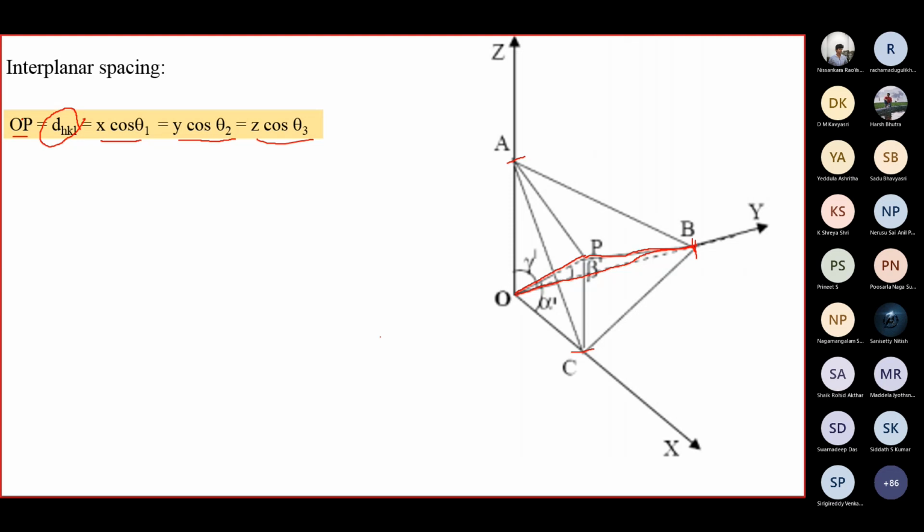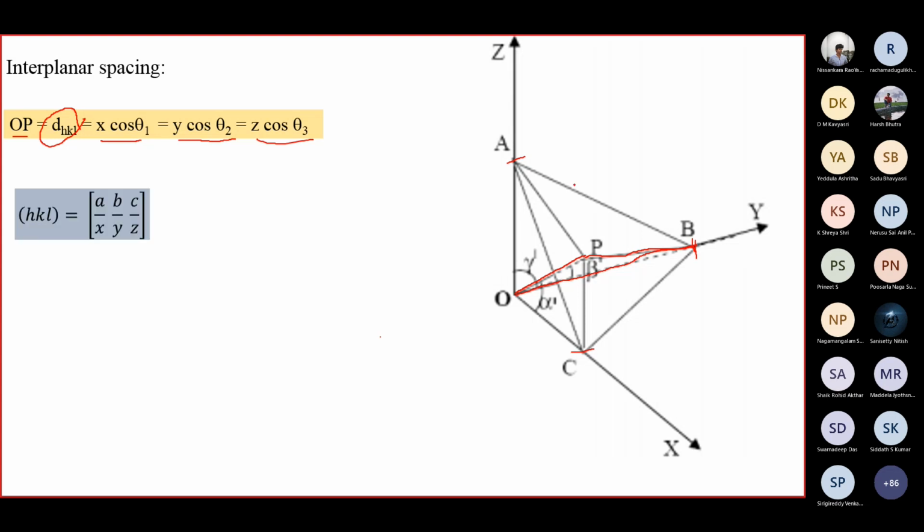So that is why we call OP the distance between two parallel planes, hkl, which are adjacent to each other, two successive parallel planes. One is situated at O, another is situated at the position which we call ABC.